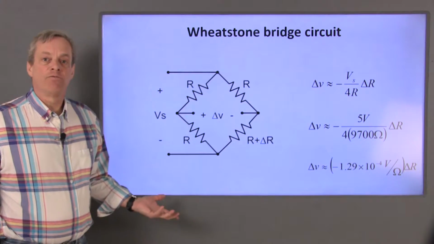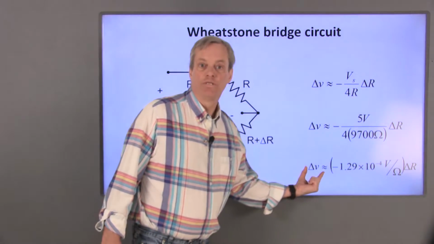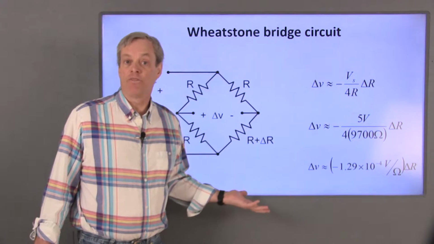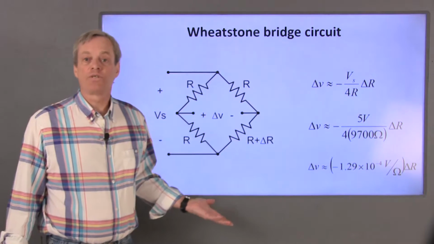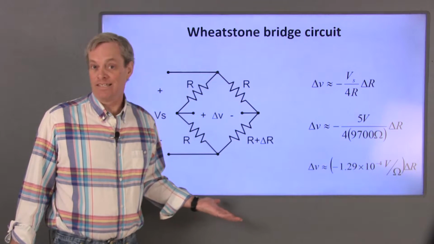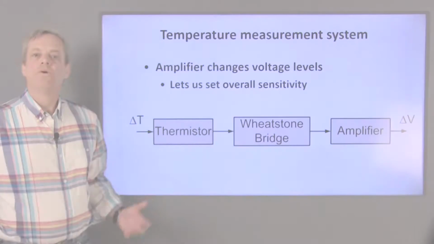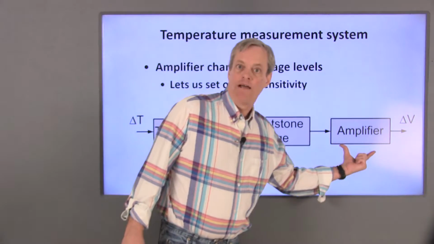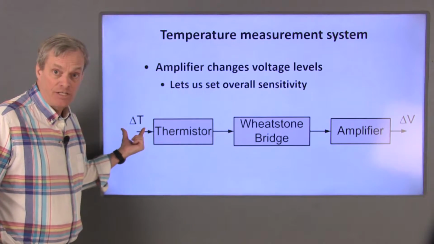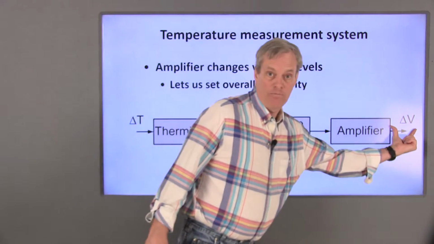The circuit does provide the output in the form of a voltage, but unfortunately it doesn't provide the required sensitivity for the measurement system. We need one more subsystem to let us get the 0.1 volt per degree centigrade sensitivity that we need. We'll use a voltage amplifier as a final stage to adjust the overall sensitivity between a change of temperature and a change in output voltage.